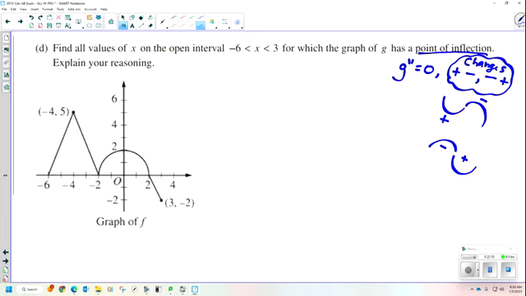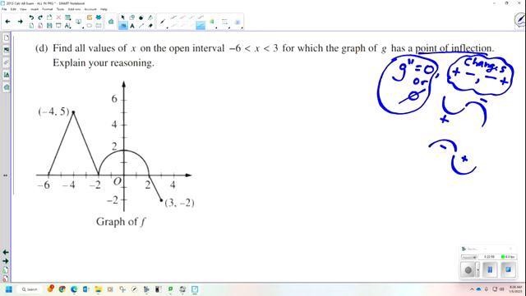You might also be saying to yourself, well, not only does it have to be 0, it can also be undefined. The point of inflection happens where the second derivative is 0 or undefined, not just 0. So keep that in mind because that might come into play, because I'm seeing a lot of corners and cusps.